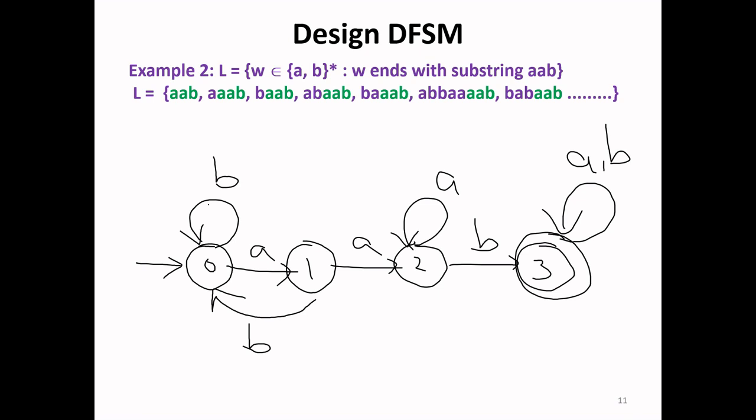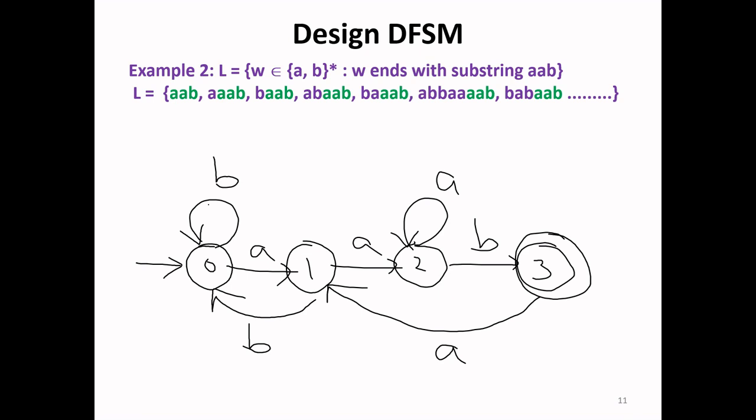Because if I have a self loop, then it will violate the language ending with substring AAB. So I cannot have AAB here. Then what to do? If I have an A, then it must be followed by another AB. So I'll take the transition A here.